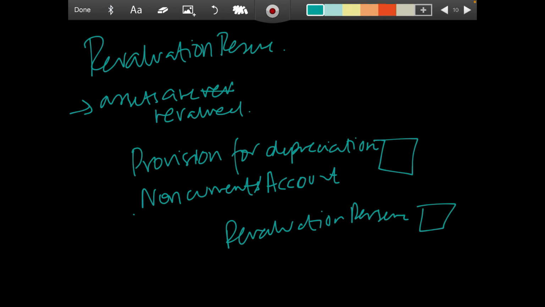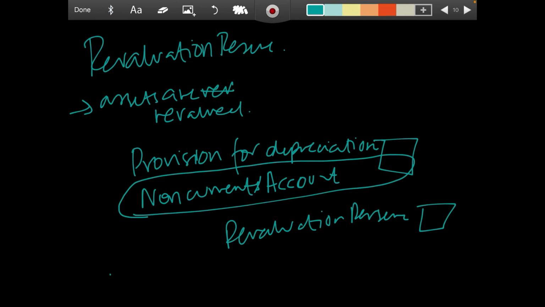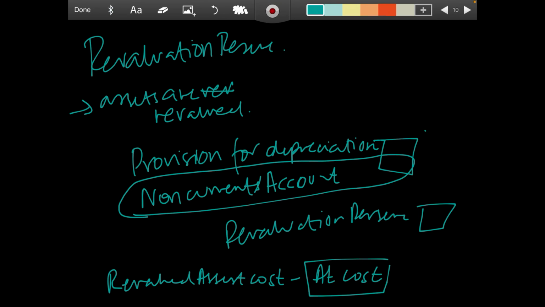So basically, this part of the debit side includes the difference between the revalued asset and the at cost of the non-current asset, the cost at which we bought, and the provision for depreciation is the accumulated depreciation on that.